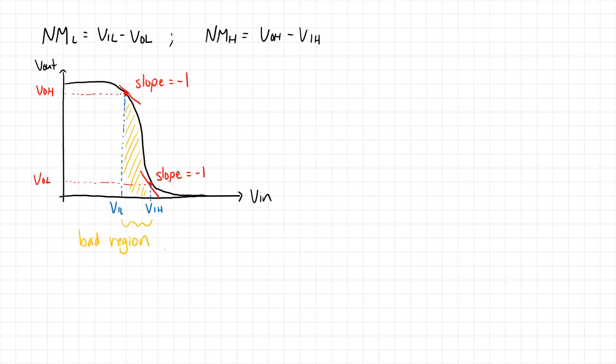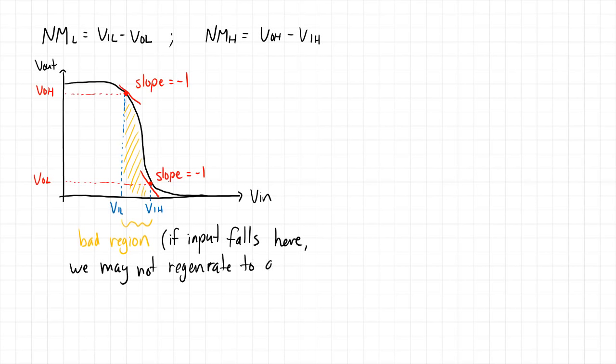And what we mean by that is if the input falls here, we may not regenerate to a correct output or correct value at the output.